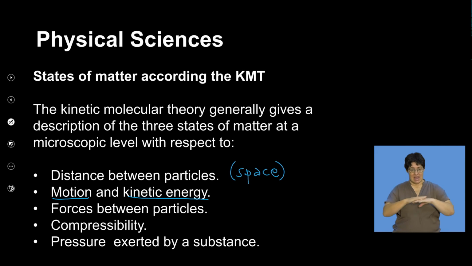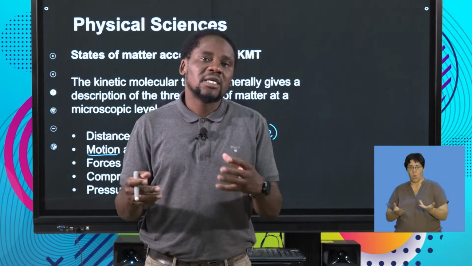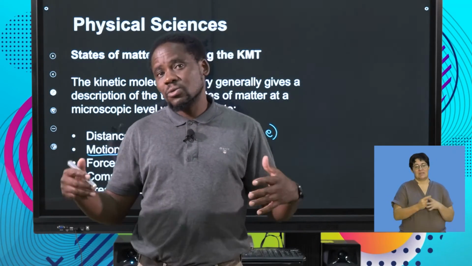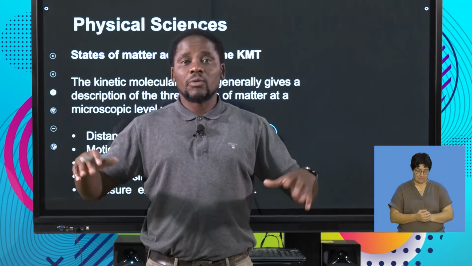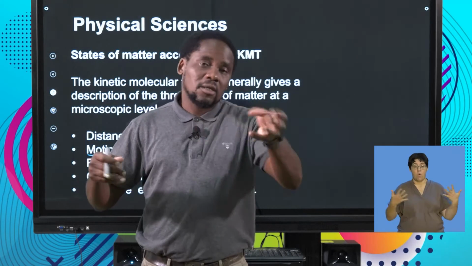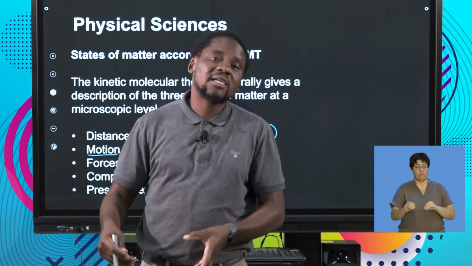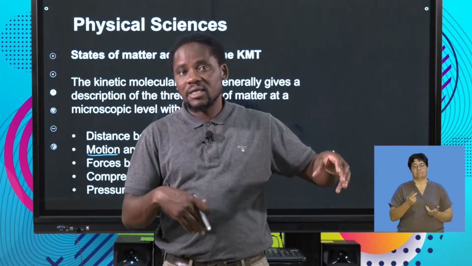So yes, all forms of matter are in a constant state of motion, but depending on the state or phase in which that substance is found, there will obviously be a difference in the extent to which these particles move with respect to kinetic energy. We're saying that the faster the gas particles move, the comparatively greater amount of kinetic energy they have than a liquid as well as a solid.